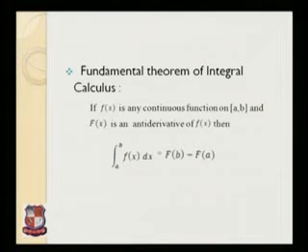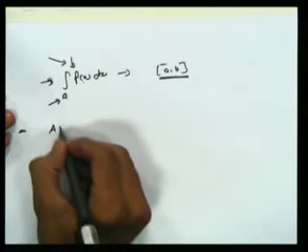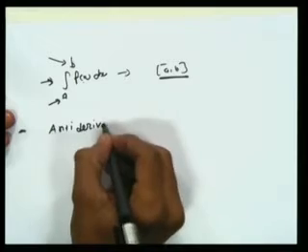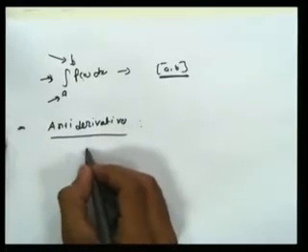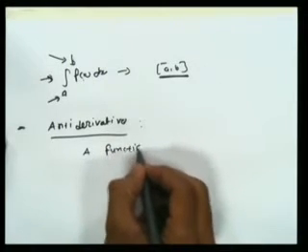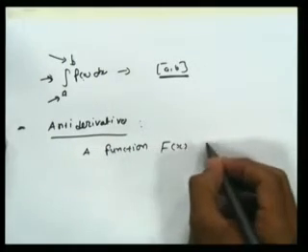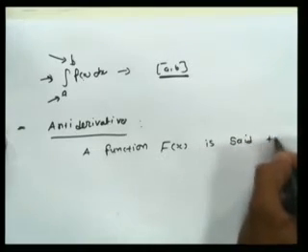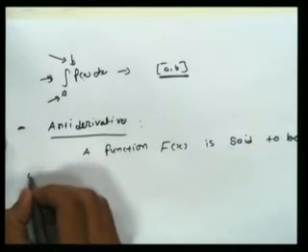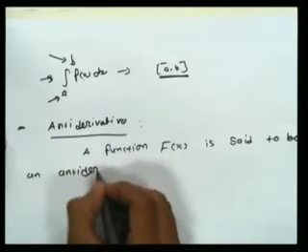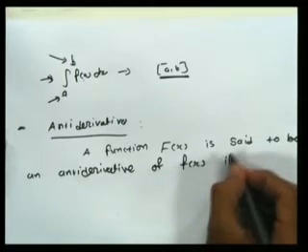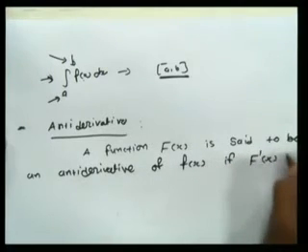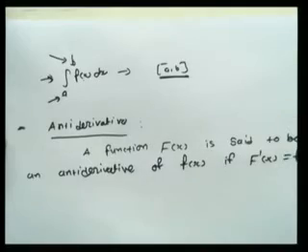Here let us try to understand the word antiderivative. A function capital F of x is said to be an antiderivative of some other function small f of x if capital F dash of x is equal to small f of x.